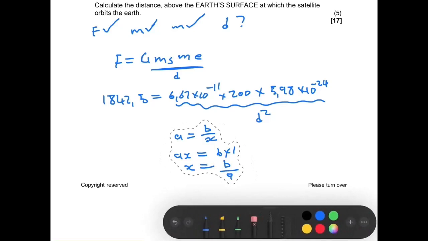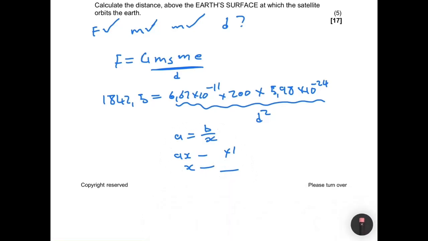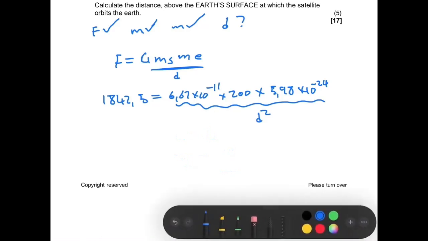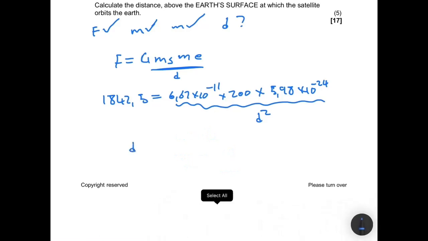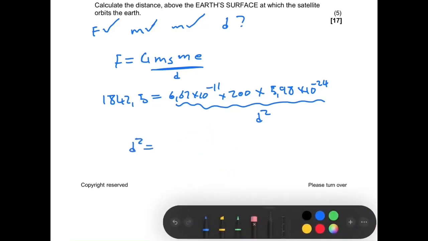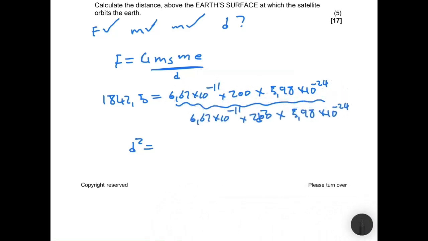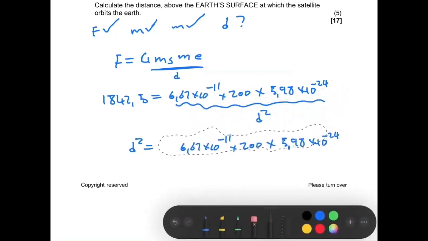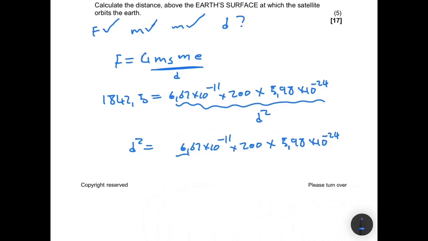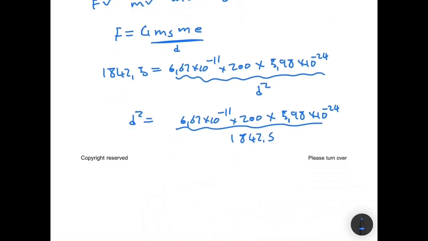Our X is D squared, right? So we're going to have D squared being equal to this entire expression here, right? So let me just duplicate it for the sake of time, and then we divide that by 1842.5, and then after you do that, you definitely take square roots on both sides, right?